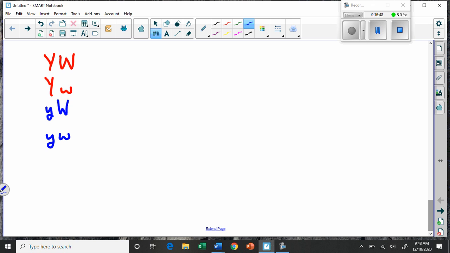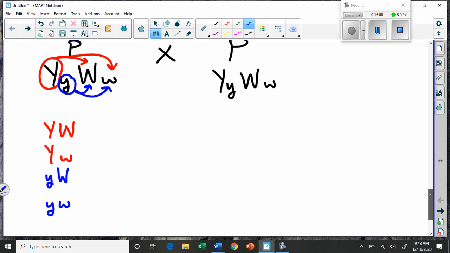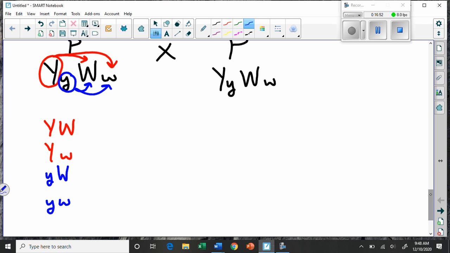So now there are 4 possible ways to make the combinations of letters. As the chromosomes pull apart in meiosis, each one could end up with the other. And it's going to be the same over here. You're going to be able to get the same ones, because this Y could go with the big W, but it could also get caught with the little w in this particular sperm or egg.